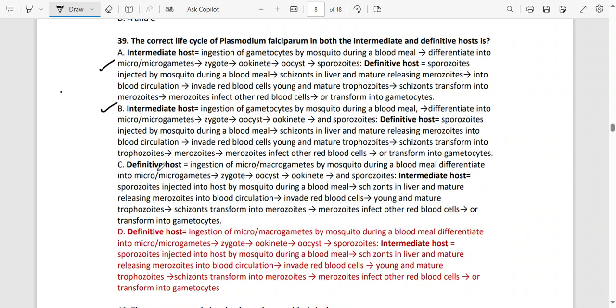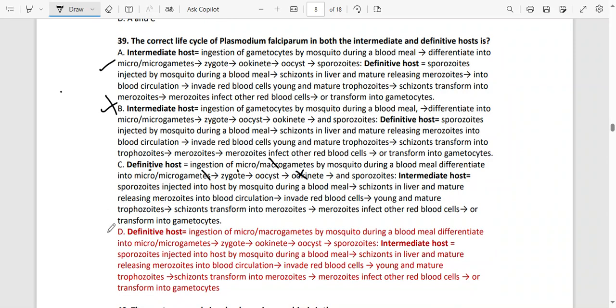And then C, definitive host, which is the mosquito, ingestion of micro, so this is out, micro and macro gametes by mosquito during blood meal, differentiate into micro and macro gametes. Again, this is gametes to gametes, zygote, and then the ookinete is also not true there.